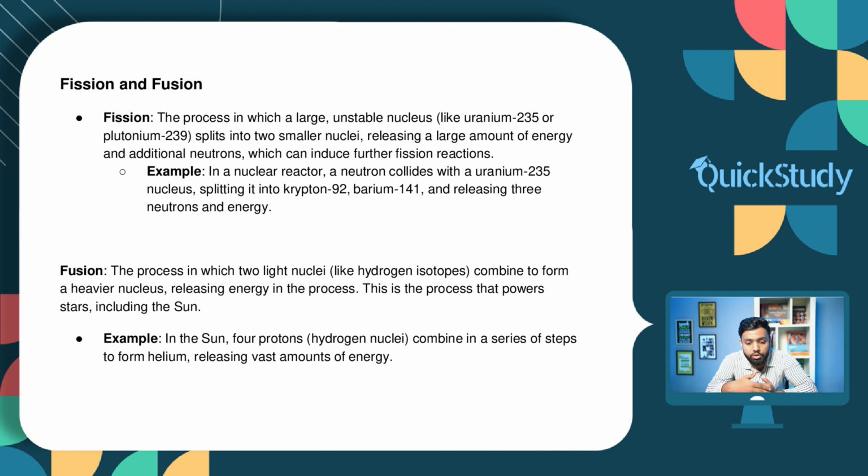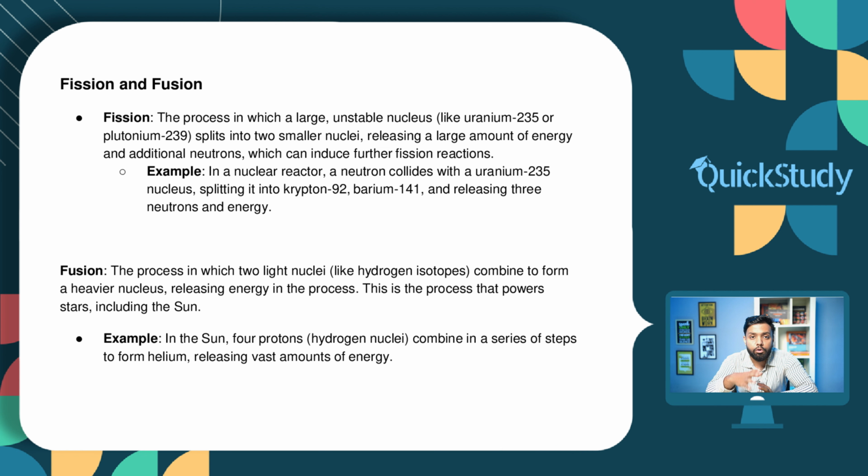Fission is the process where a large unstable nucleus, for example uranium-235 or plutonium-239, splits into two smaller nuclei, releasing a large amount of energy and additional neutrons, which can induce further fission reactions. For example, in a nuclear reactor, a neutron collides with a uranium-235 nucleus, splitting it into krypton-92 and barium-141, and releasing 3 neutrons and energy.